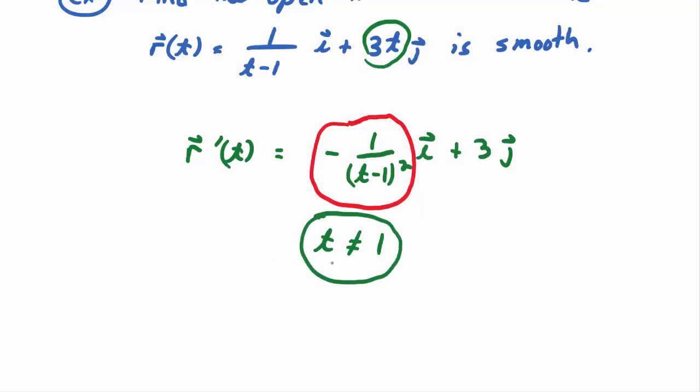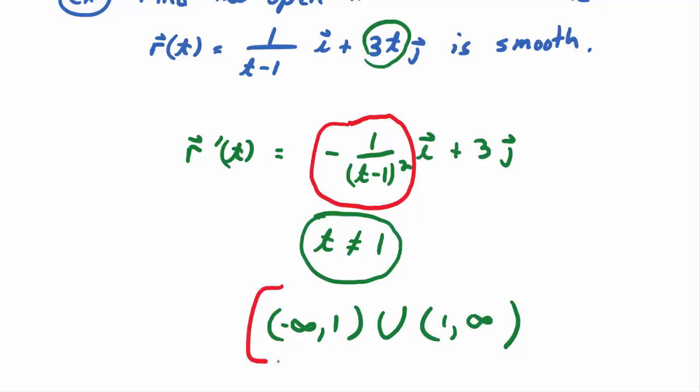And to write then the open intervals on which r of t is smooth, you just have to delete the 1. The way we do that is we say the open interval from negative infinity to 1, parenthesis to exclude 1, union with 1 to infinity. So these are the open intervals on which r of t is smooth.